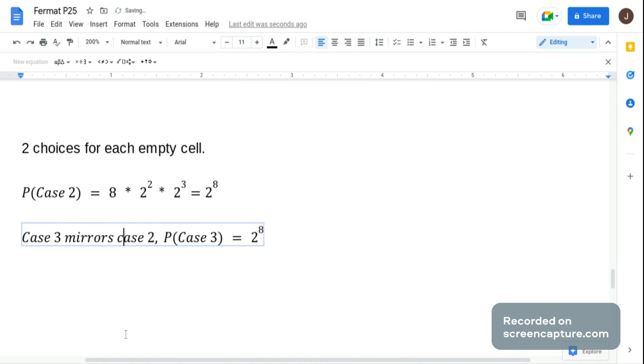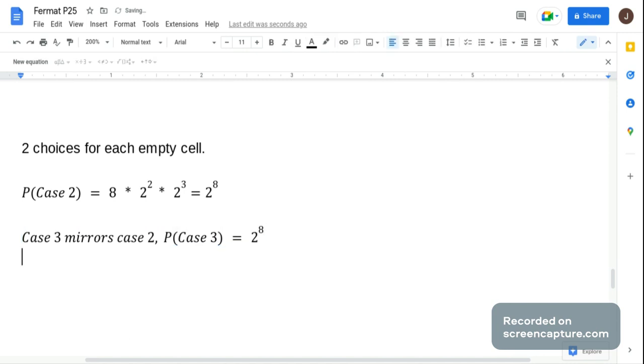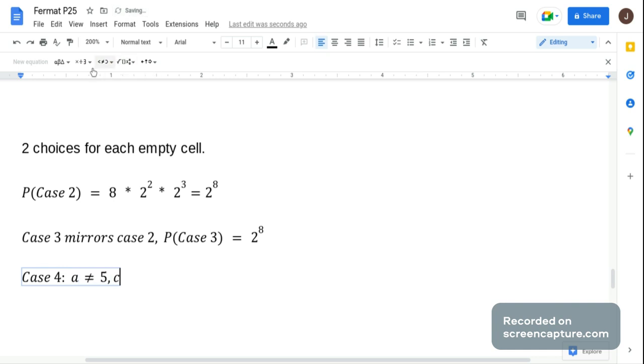Now we need to talk about case 4. In case 4, we need to divide it into some subcases depending on the sum of A plus C. Just wait for a sec, I'm looking for the text bar.